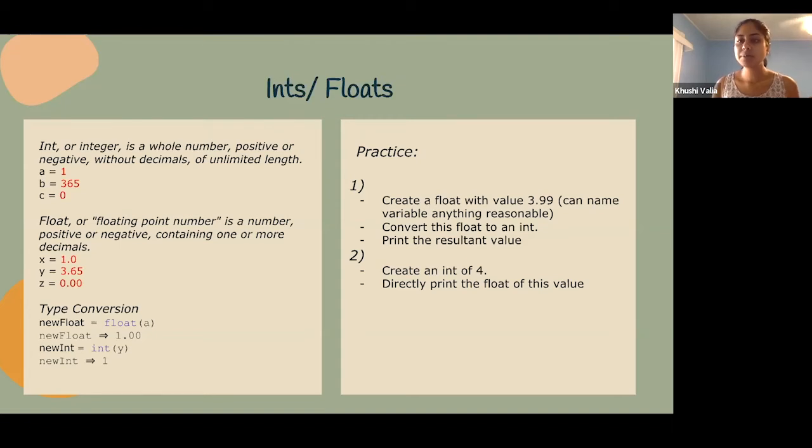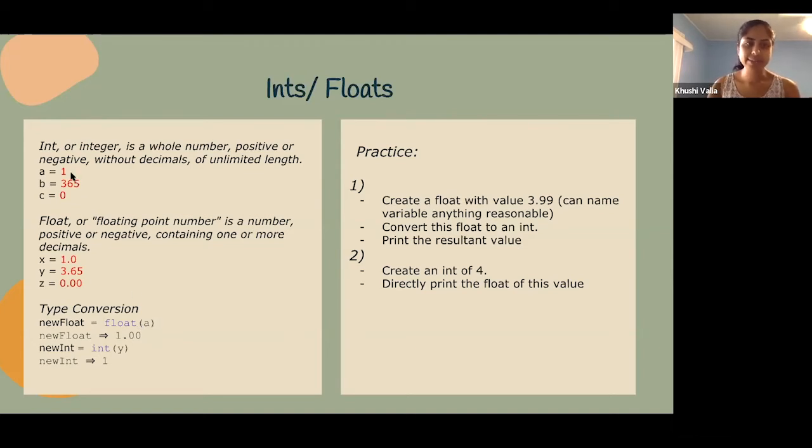And then a float is similar. A float is comparable to a decimal number. For example, 1.89420. That could be a float, or even 0.00 is a float. And then going into type conversion, we can have a float a.